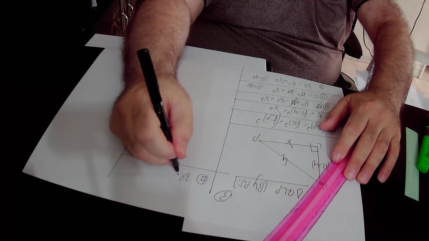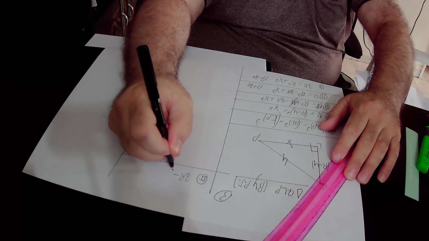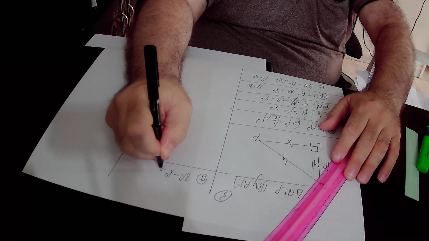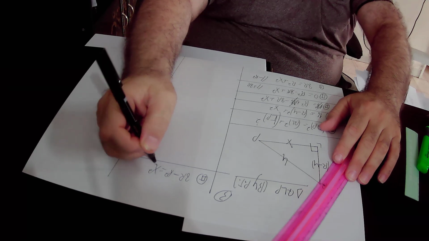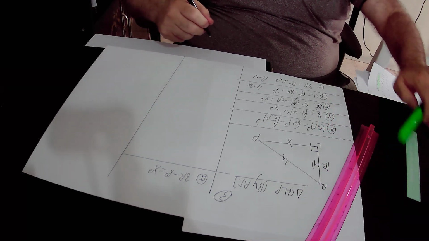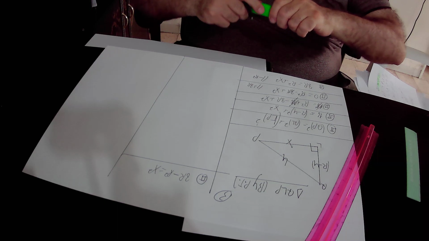8R minus R squared equals X squared. So actually we have here a second expression for X squared.